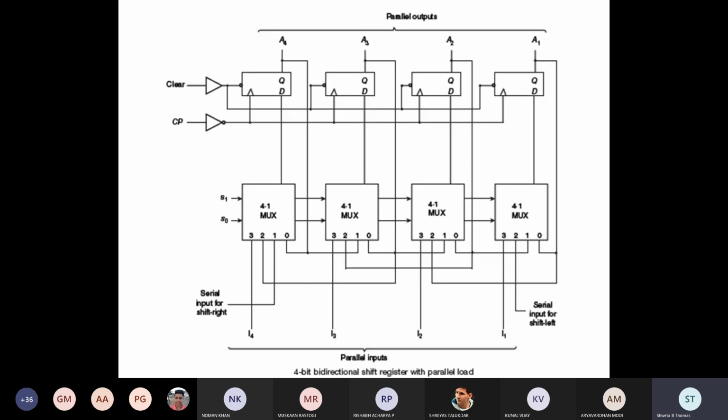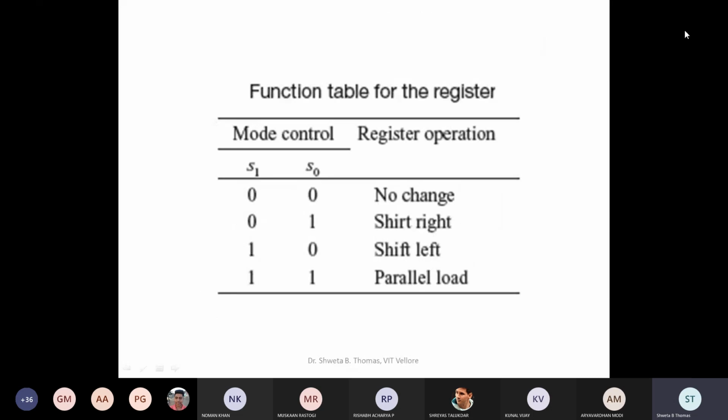The working principle of this circuit is based on these selection lines. When S1 S0 is equal to 0 0, that means there is no change. Whatever was the previous state, it will stay as it is. So actually we have 4 states here.